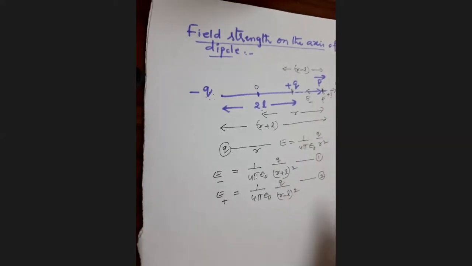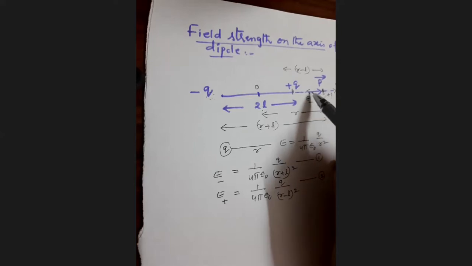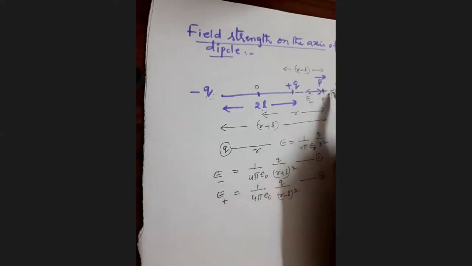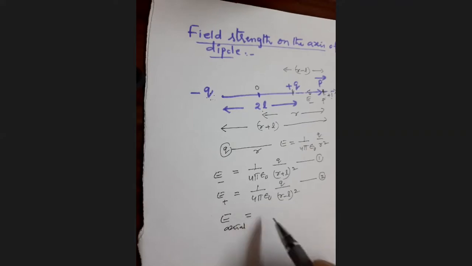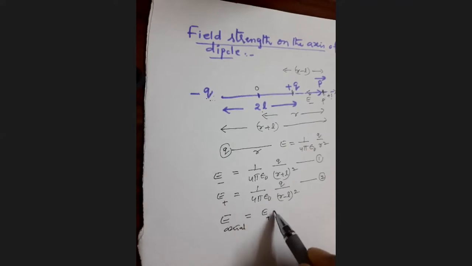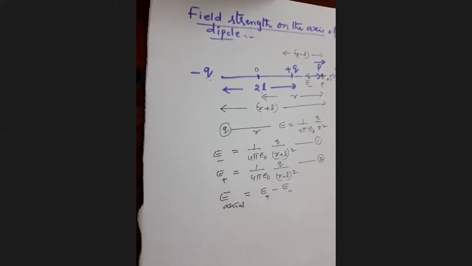Okay. So here at the point P, E minus and E plus both are acting in opposite directions. When you compare these two quantities, it is very clear E plus is greater than E minus. Therefore, the resultant field at that point I am writing E axial equal to E plus minus E minus, greater value minus smaller value.